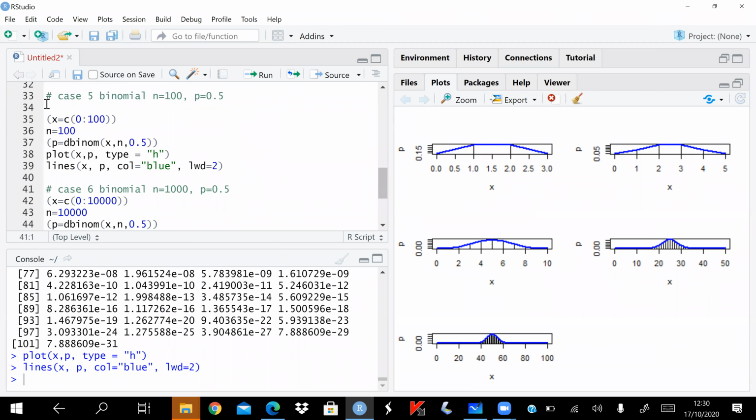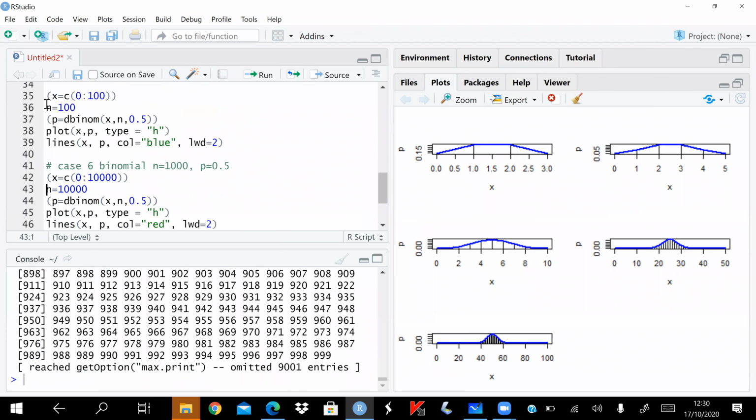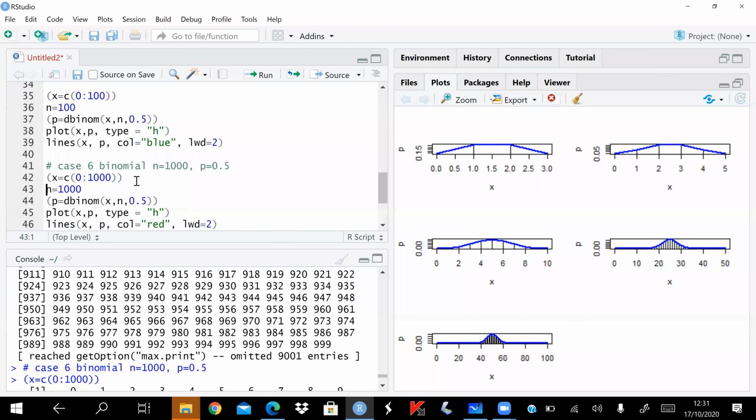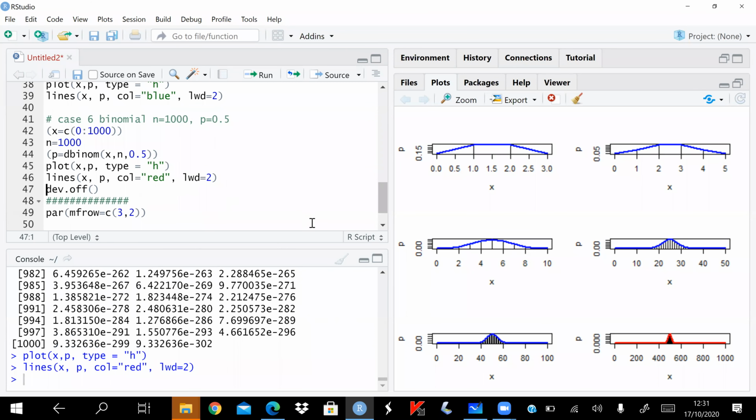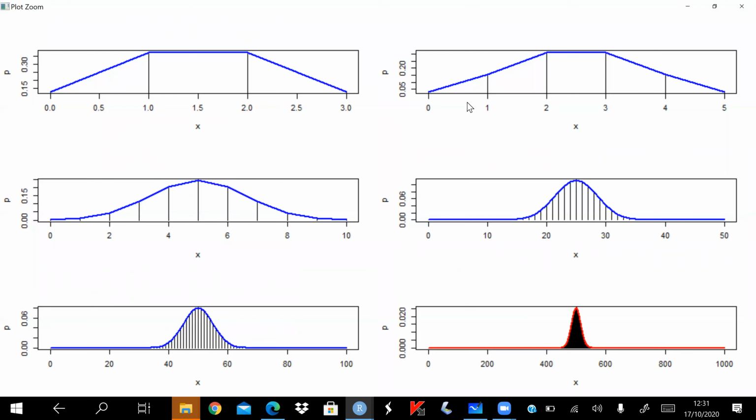Let's keep this one at 1,000. So if you draw all the graphs on the same page, this is what you will end up with.